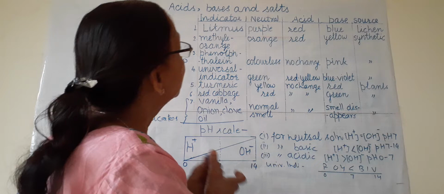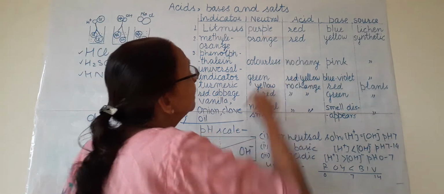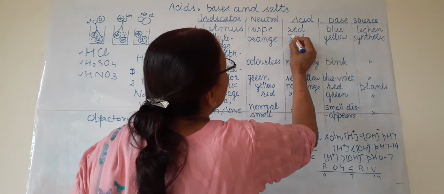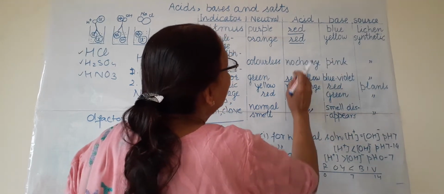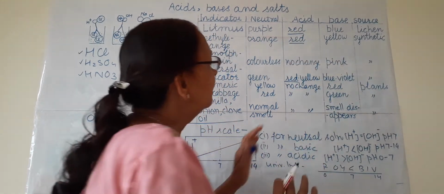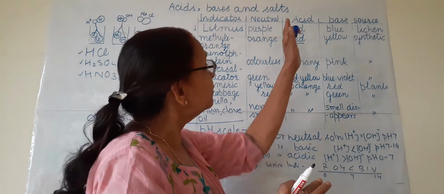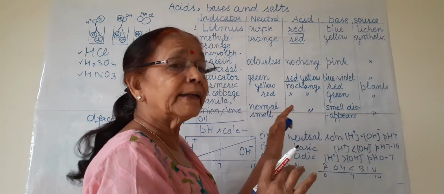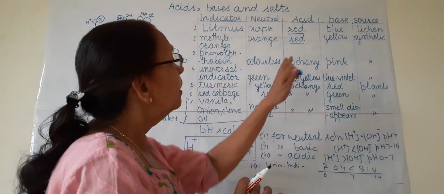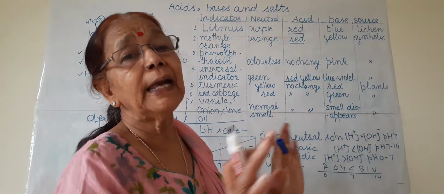You can see one thing here, in acids red, red and red. All are red, and other than the red there is no change. So it is very easy to remember that acids give red color with all indicators, or they are not giving any color.